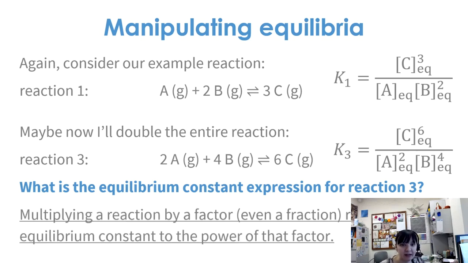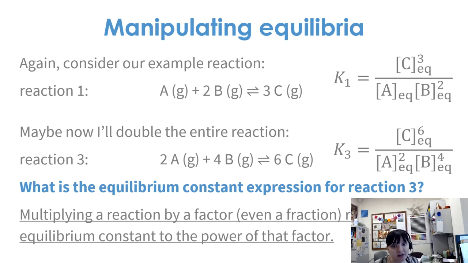If we take a reaction and we take all of the coefficients and multiply them by a factor, then the K constant gets put to the power of that factor. So right here, because I've multiplied all of my coefficients by 2, the K constant is going to be squared, or we're going to take K1 and put it to a power of 2, thus giving us K3.